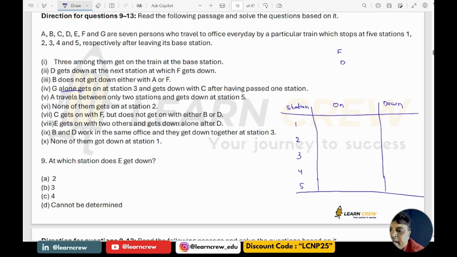So what can be understood now? B does not get down with either A or F.